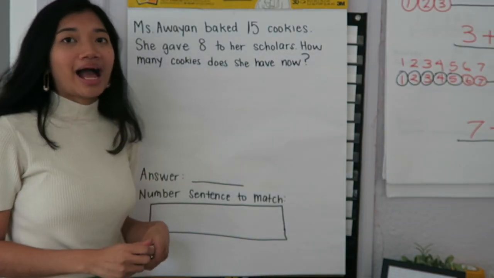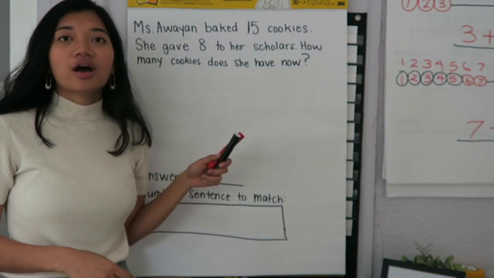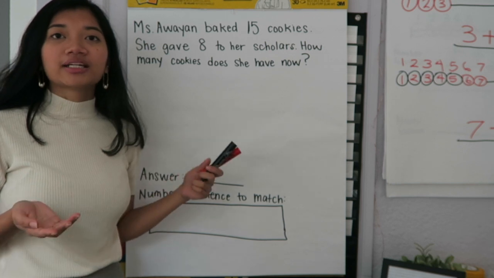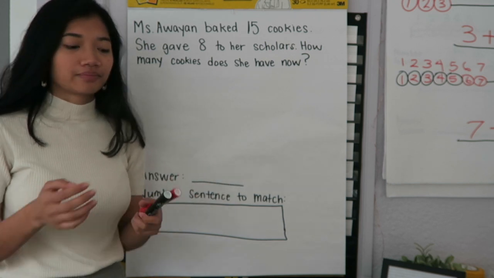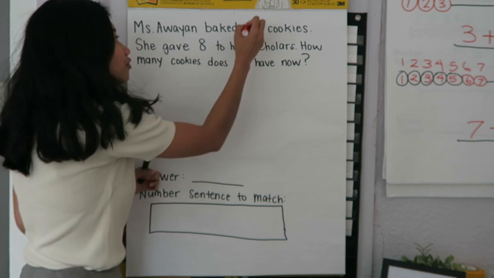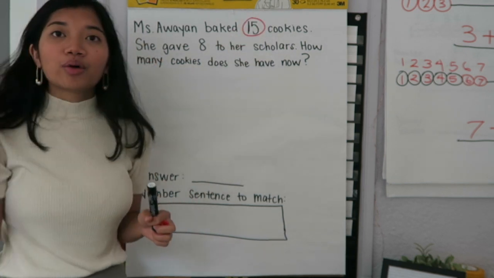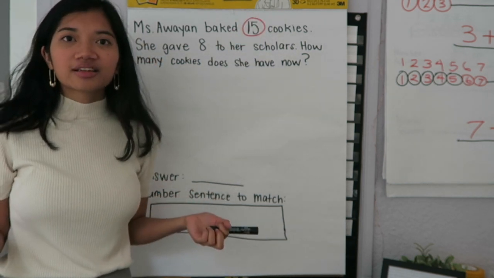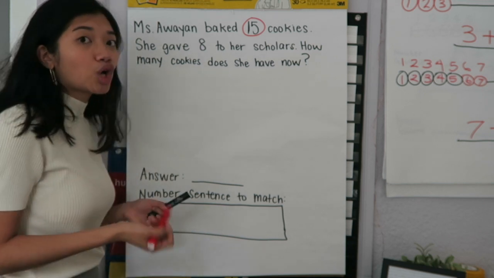I want to show how many cookies I started with. How many cookies did I bake in the beginning of my story? Yes, I baked 15 cookies. So let's draw along with me.